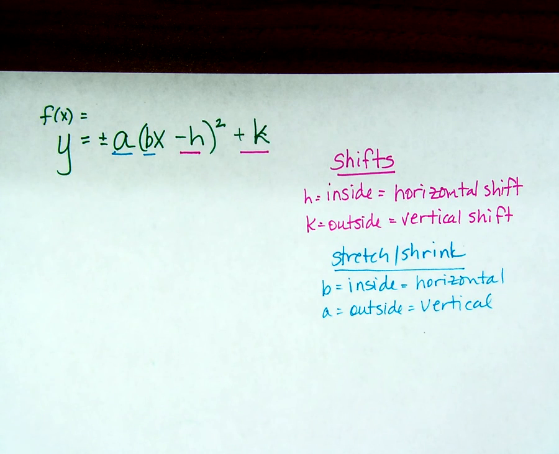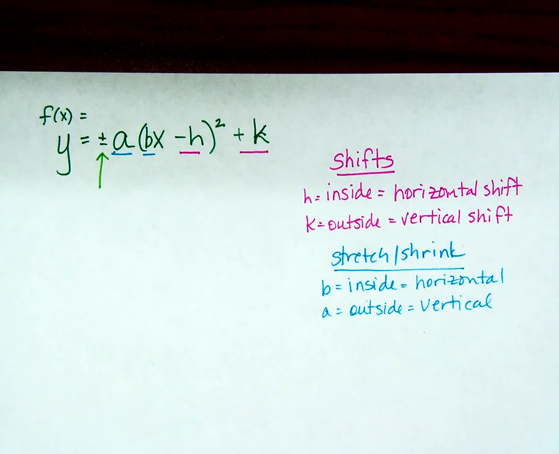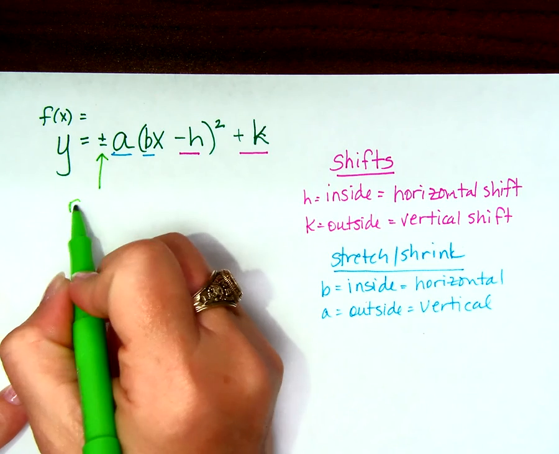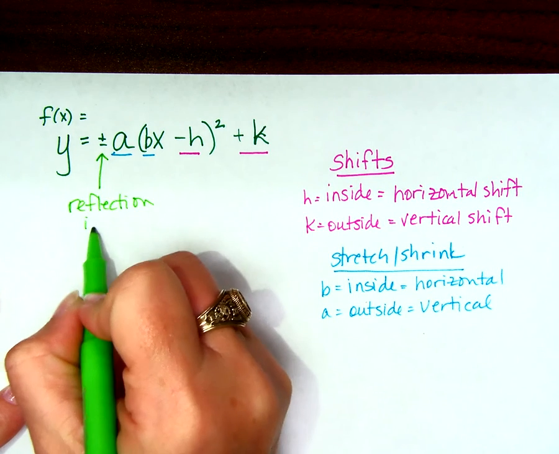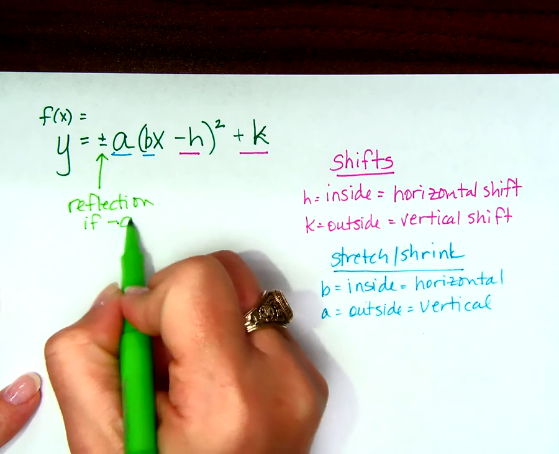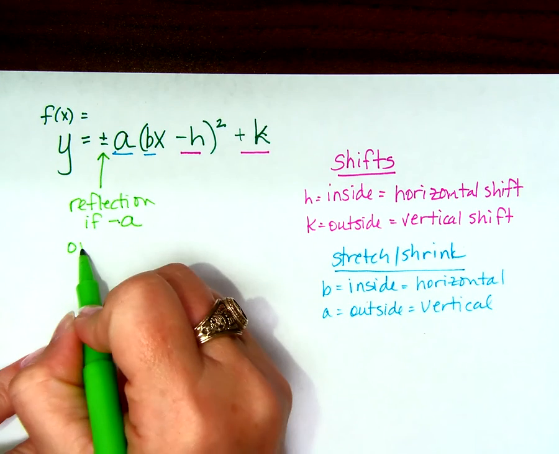Now a does something a little bit different. The sign of a determines whether we have just the regular function or a reflection. If a is negative, then we have a reflection over the x-axis.